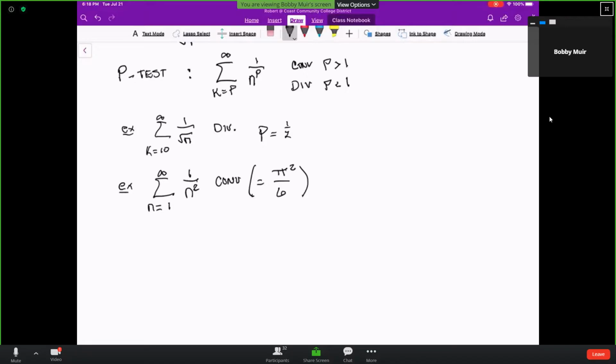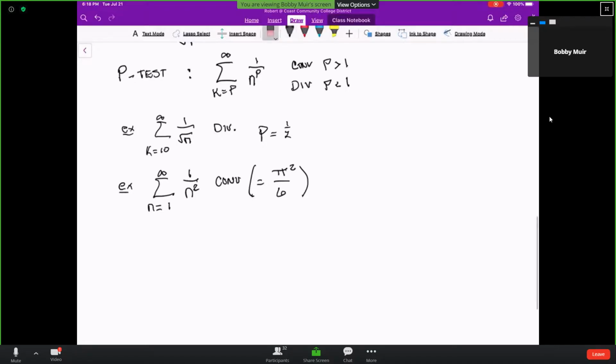So when we get to this place, and probably next week, maybe, we'll go through this argument. So the integral test is getting all this done for us.